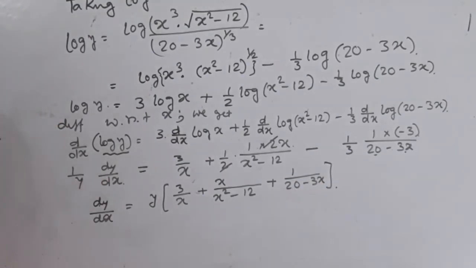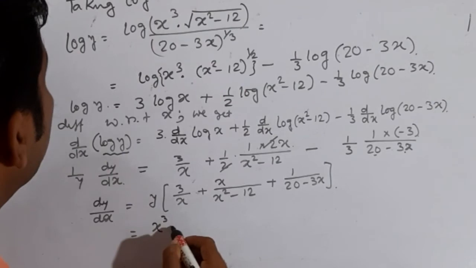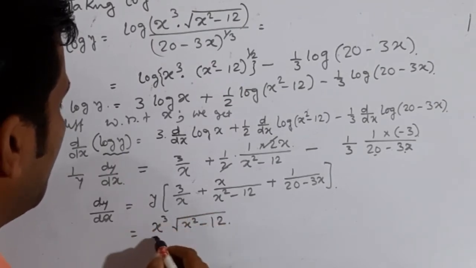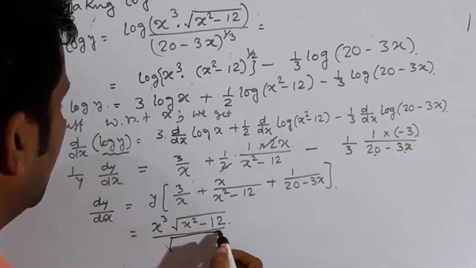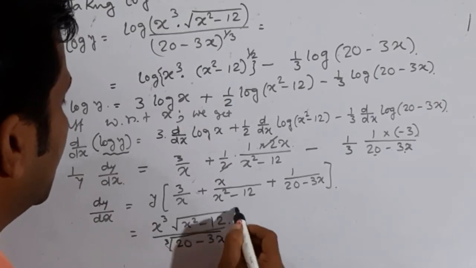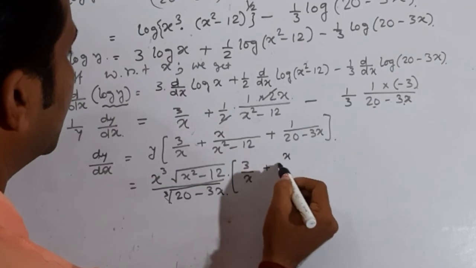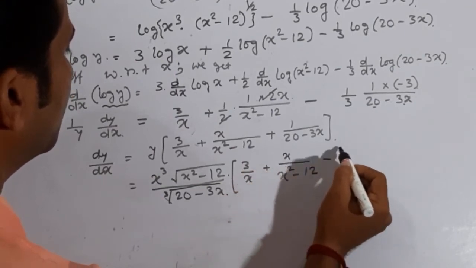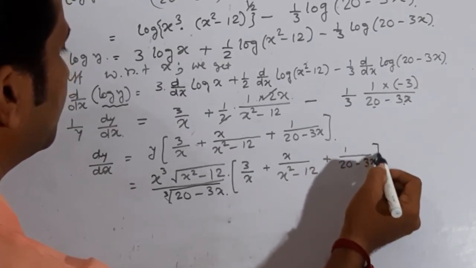Putting the value of y, we get this is equal to x cube root over x square minus 12 by cube root of 20 minus 3x into 3 by x plus x by x square minus 12 plus 1 by 20 minus 3x.